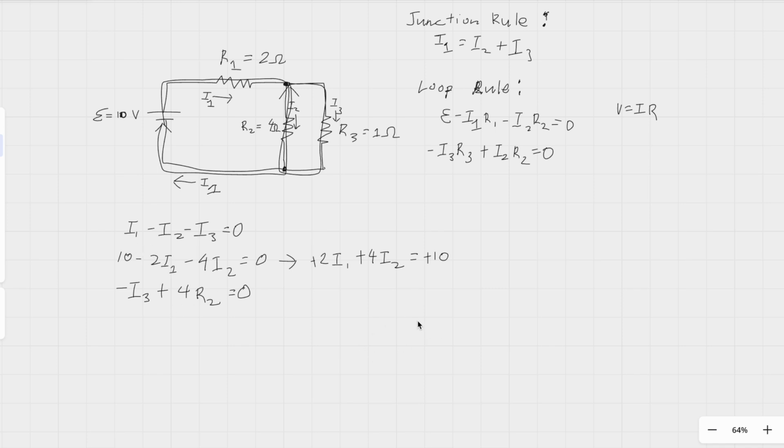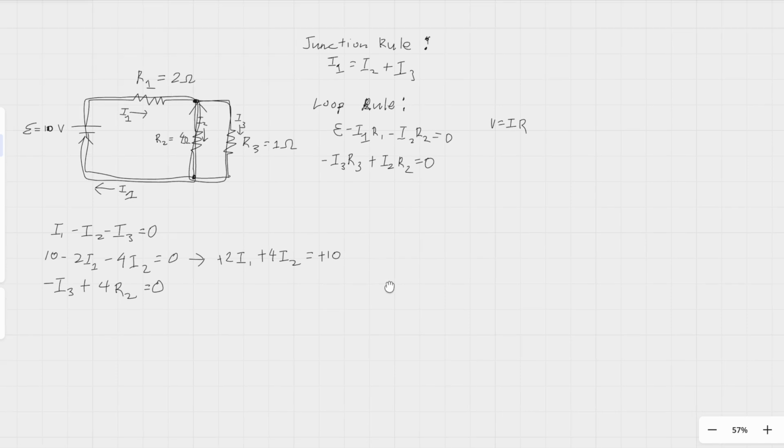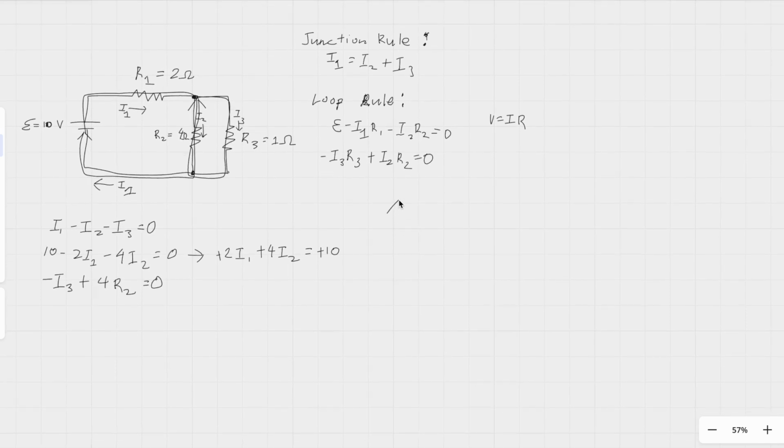And you can put that into matrix form. AX equals B, where A will be 1, negative 1, negative 1, and this will be 2, 4, 0, and this will be 0, 4, negative 1.